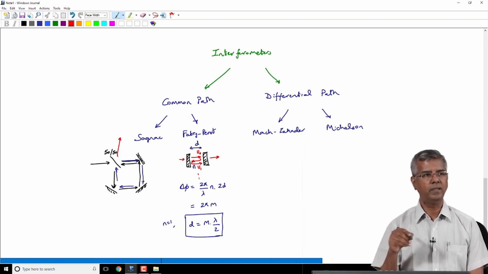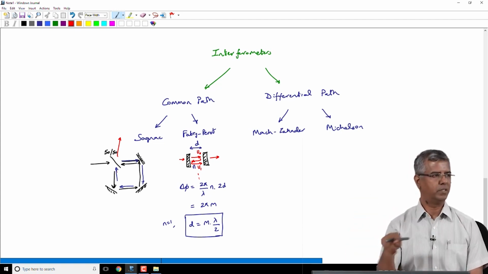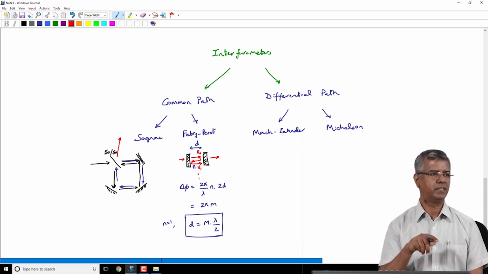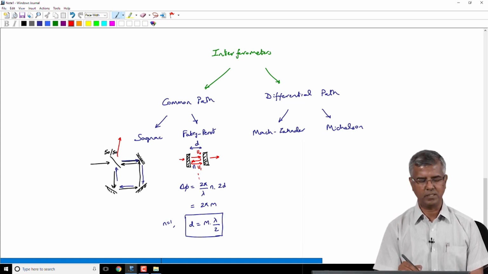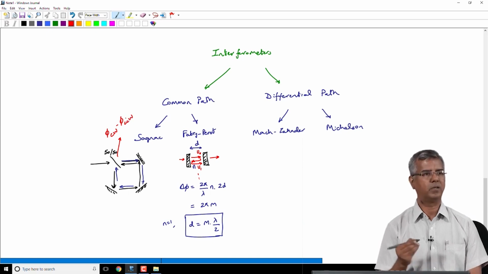You have one wave that is going in the clockwise direction around this series of mirrors, and the other wave which is going in the anti-clockwise direction. Okay. And both of them, some part of them go this way also towards the source, but if you look at the other part that is coming this way, that is going to have an interference component which is dependent on the phi of clockwise, anti-clockwise, right.